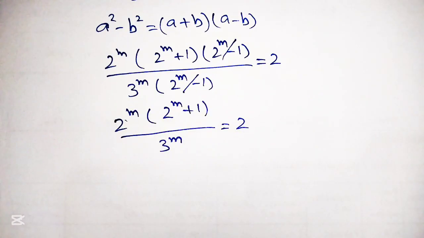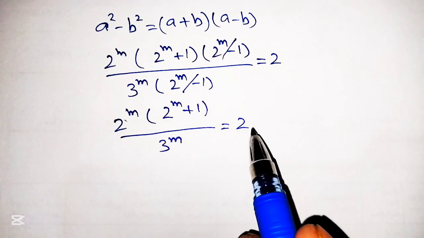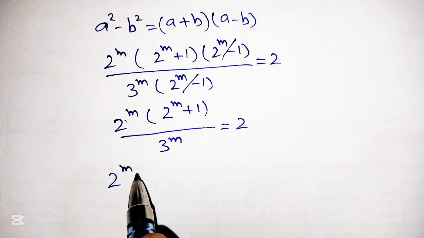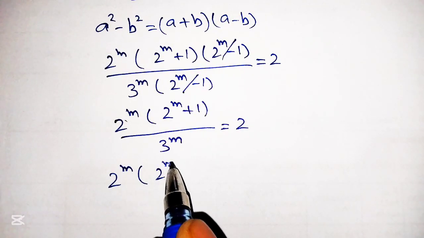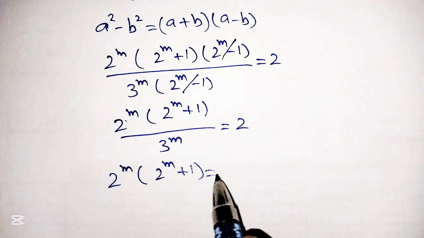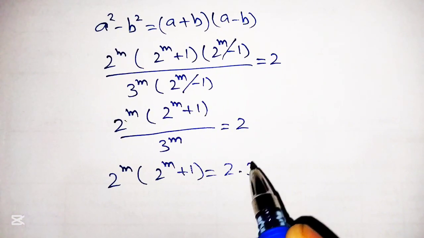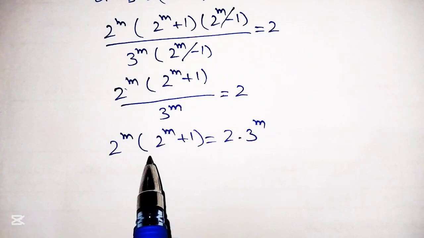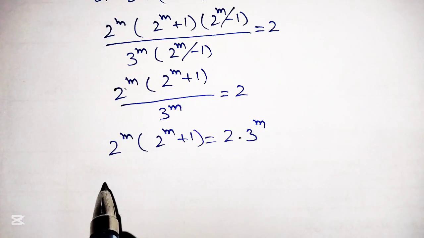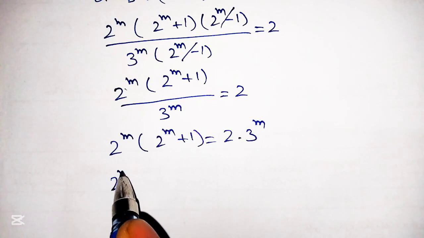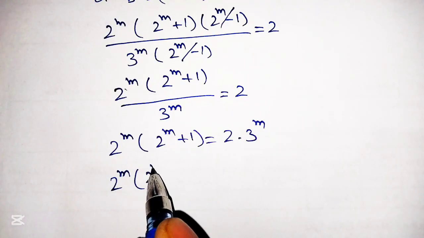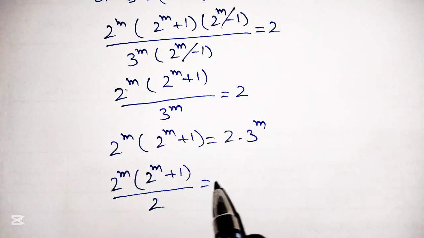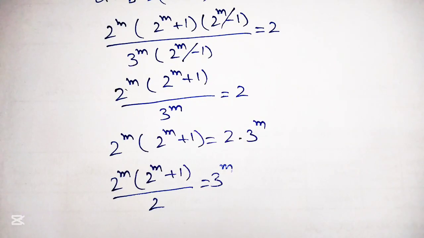Now we can multiply this 3^m with this 2, and we will get 2^m times (2^m + 1) is equal to 2 times 3^m. Now we can take this 2 towards the right hand side and it will divide, so 2^m times (2^m + 1) over 2 is equal to 3^m.